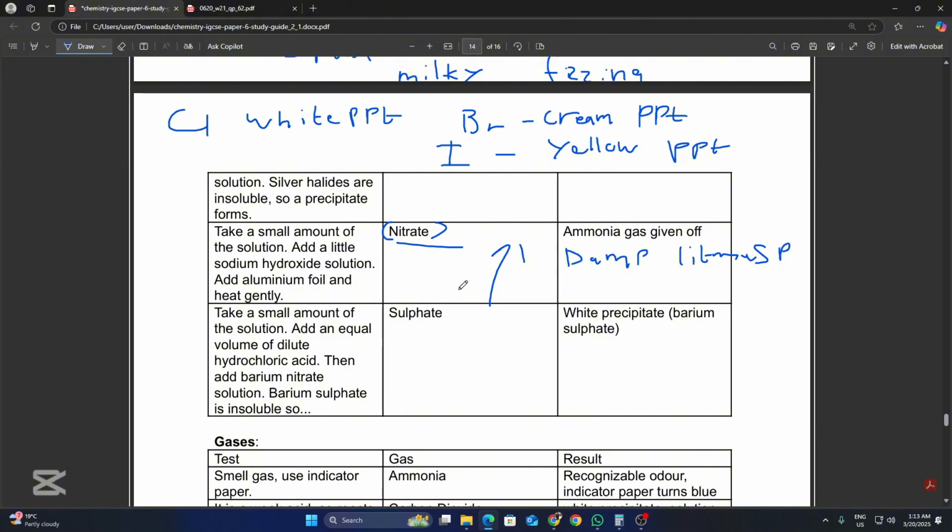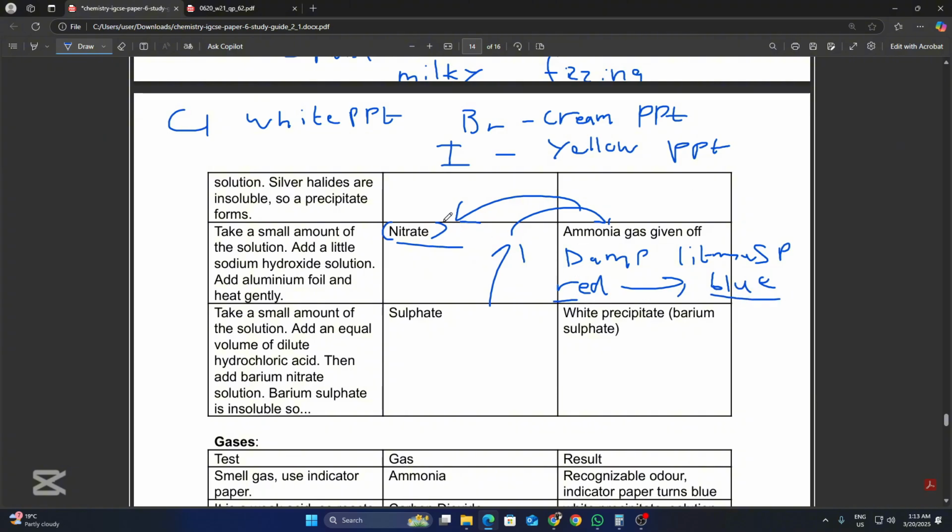If the damp litmus paper turns from red to blue, that means ammonia is present, which means the nitrate is present, because adding sodium hydroxide and aluminum foil will release ammonia.